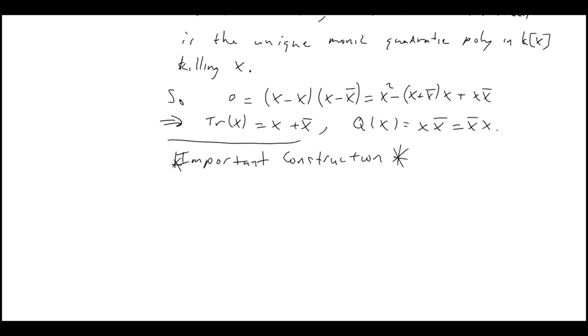This is known as doubling. So the input is just going to be some composition algebra and a non-zero element of the field.